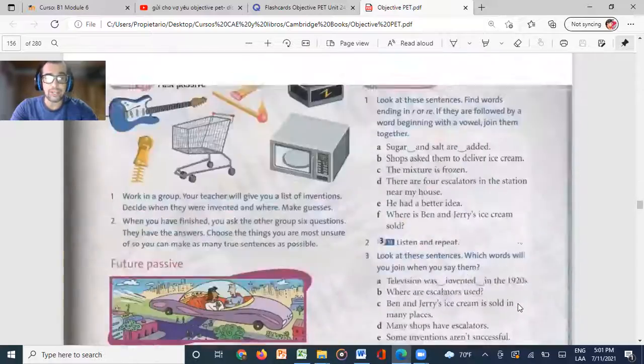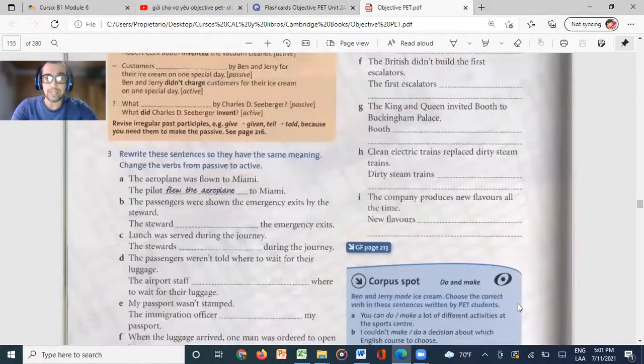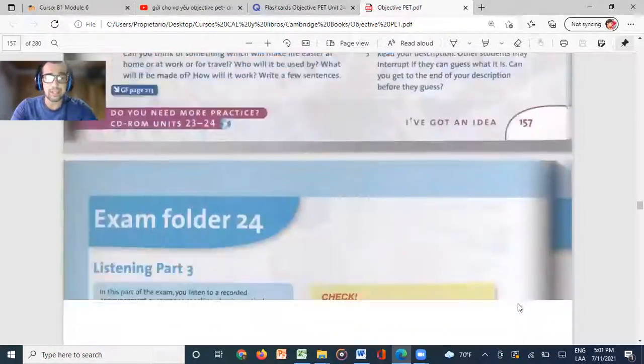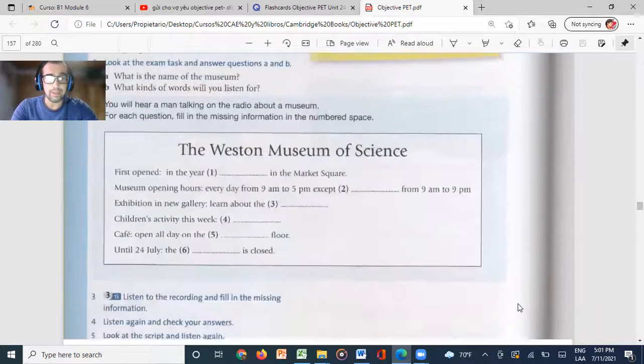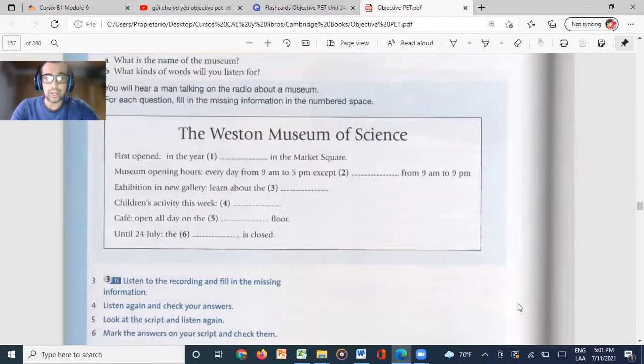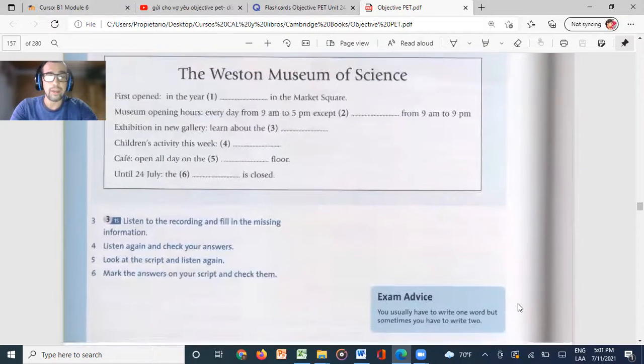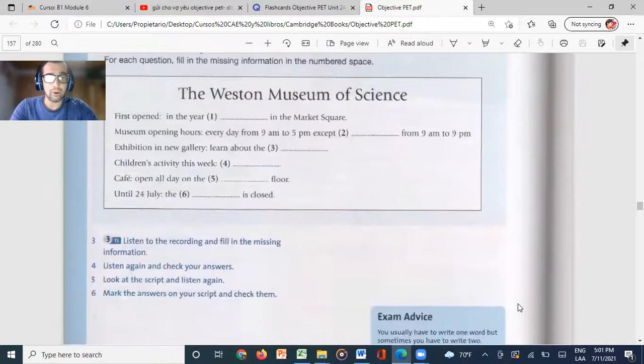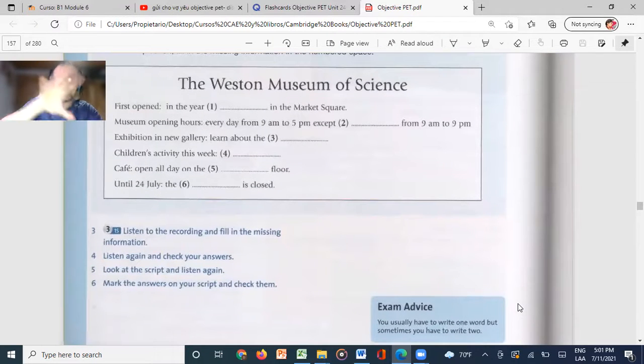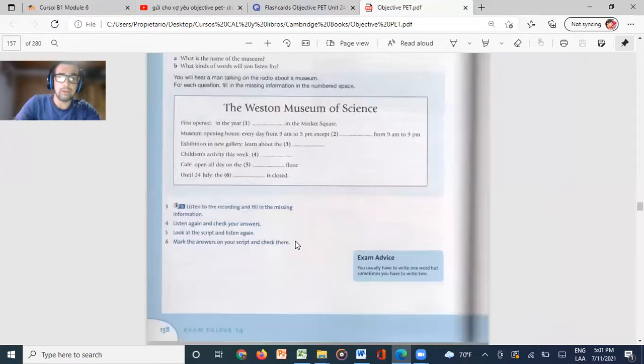When you finish this passive voice practice, please go to the listening part, which is also in your platform, and which is very important. You're just going to listen to a dialogue and fill out this paragraph over here. So that will be for now.